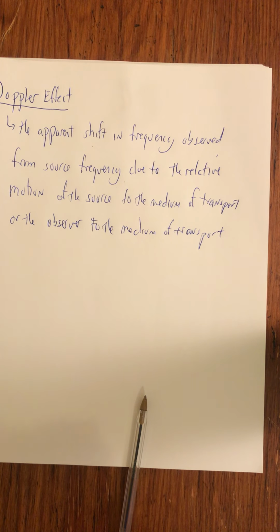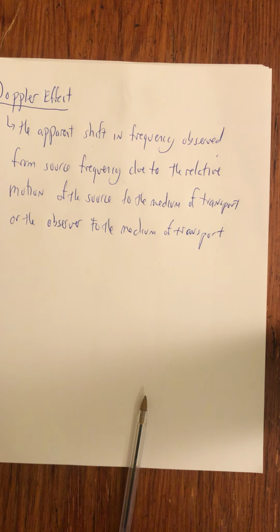I never said that the motion of the source couldn't also help determine the frequency. So the apparent shift is because the source isn't actually changing the rate at which it puts out waves.